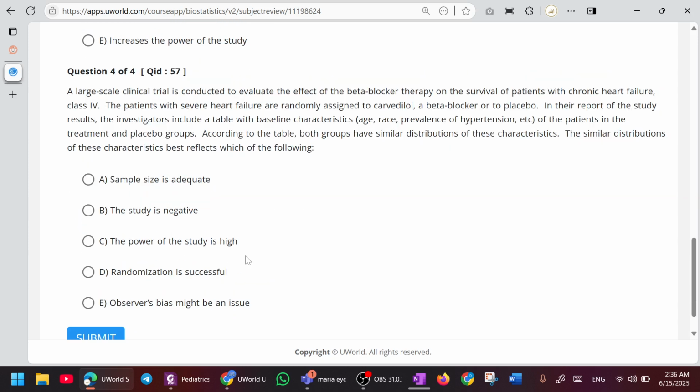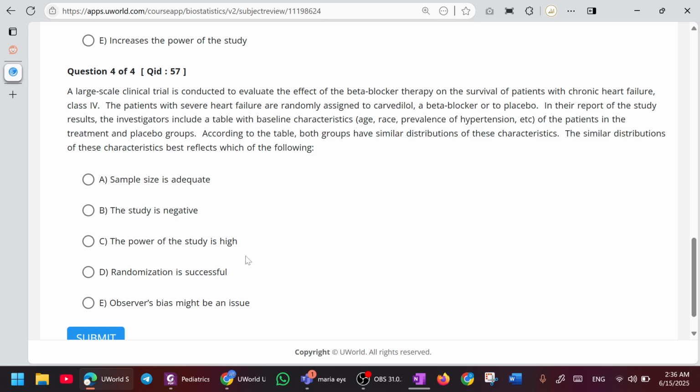A large-scale clinical trial is conducted to evaluate the effect of the beta blocker therapy on the survival of patients with chronic heart failure. Class 4, patients with severe heart failure are randomly assigned to carvedilol, a beta blocker, or to the placebo.